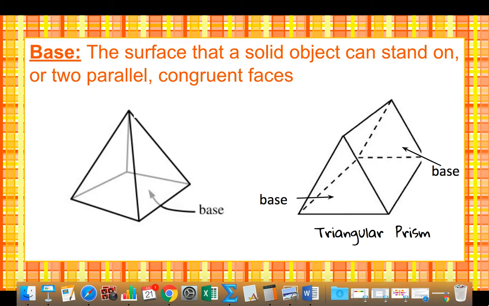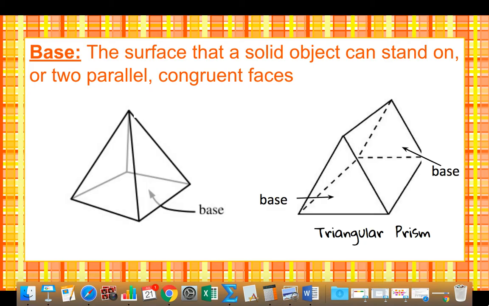Now, the reason why it's important for us to be able to identify the base, it helps us when we go to determine the volume of the object. It also helps us name the object. And so if I see that something is a prism, like the figure on the right, and I look at the bases, which are triangles, I'm going to name that prism with a specific name, namely a triangular prism.